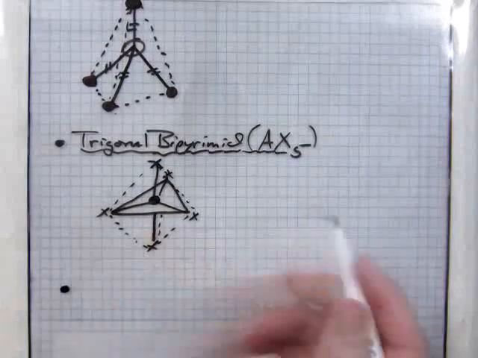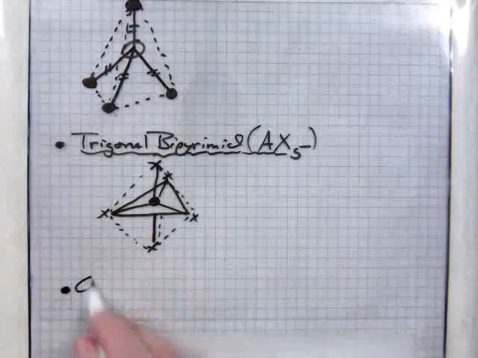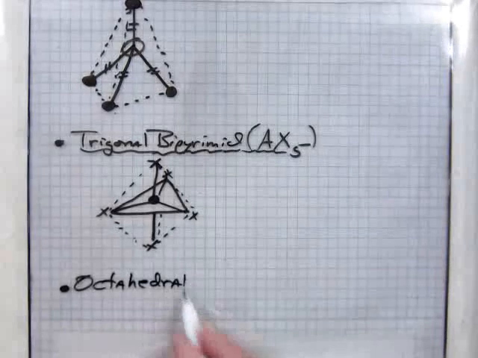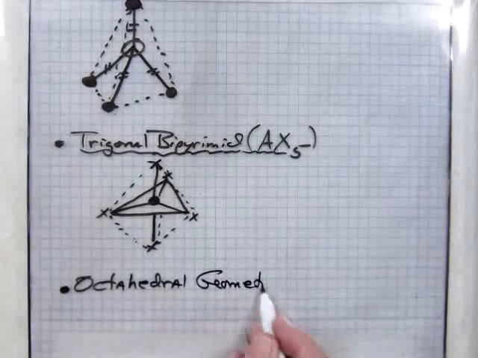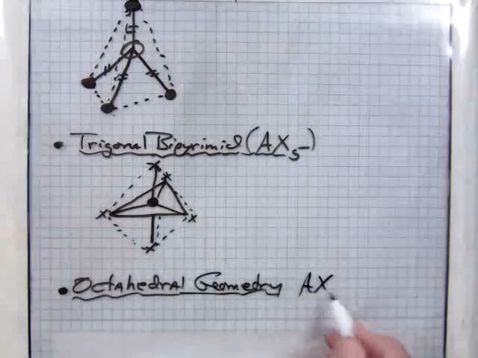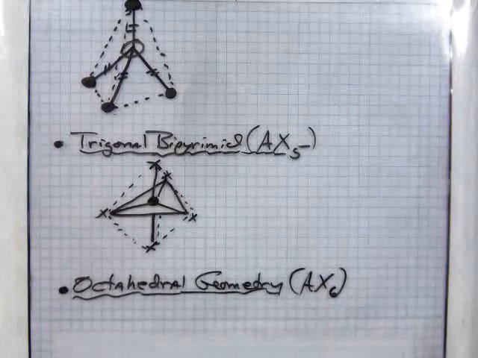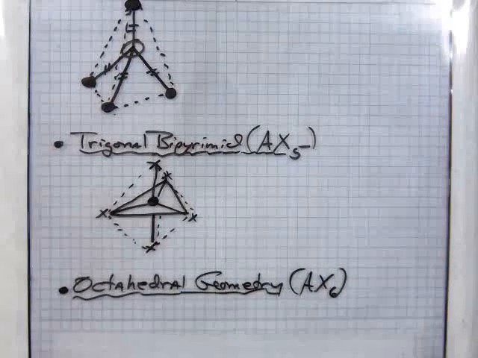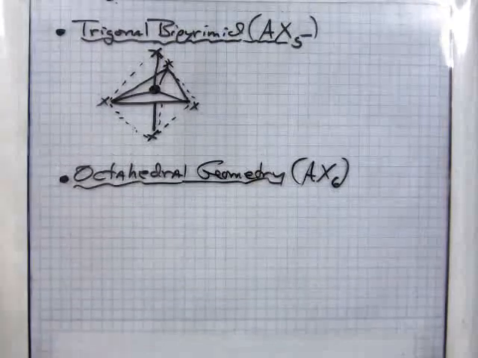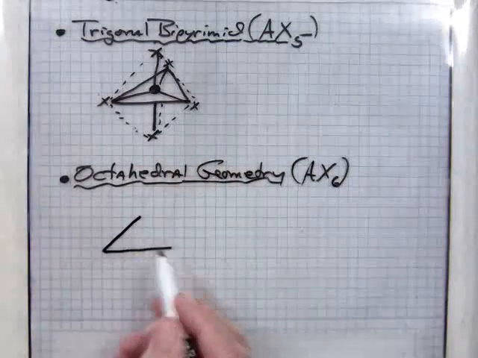The trigonal bipyramid, then the next level up is an AX6, which is called an octahedral geometry, and is based on a central element and 6 substrates attached to the central element. Now, in drawing the octahedral, pretty much the same idea, except instead of a triangle, we start with a lazy square. That's what I tell students.